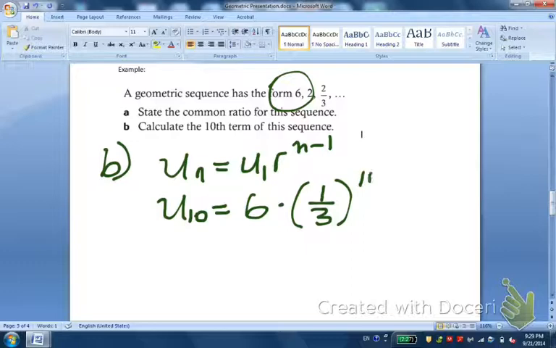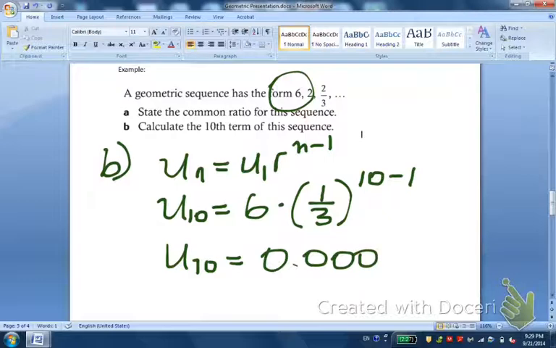And we have 10 minus 1. We can find this using our graphics calculator. And what we get here is u of 10 is 0.003048.